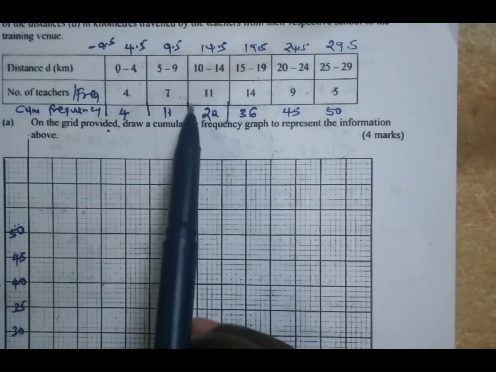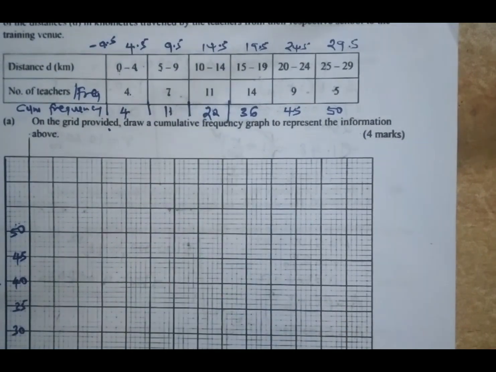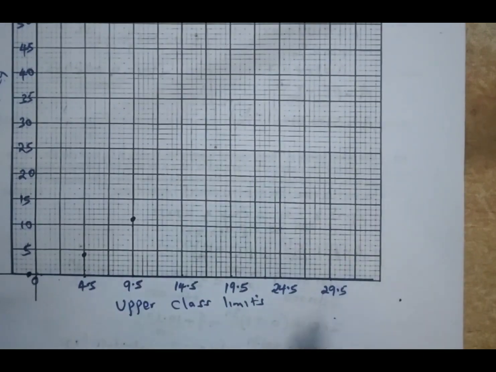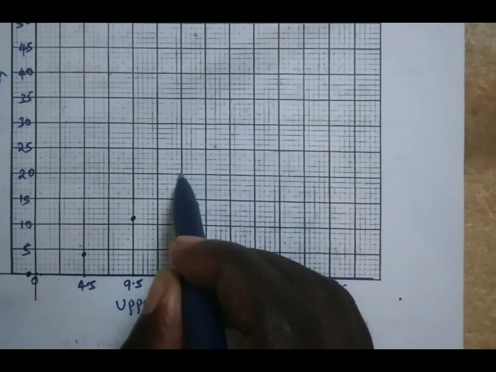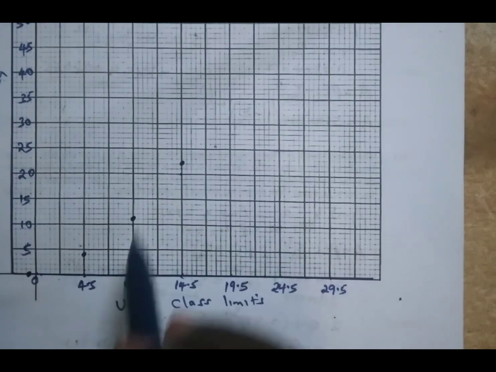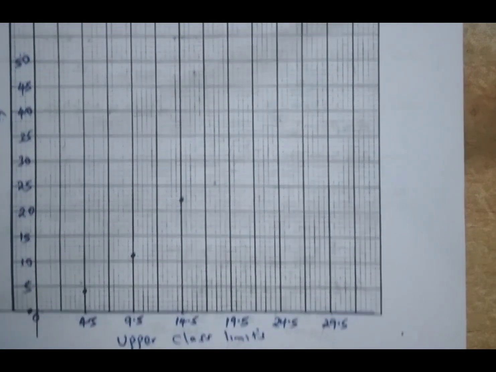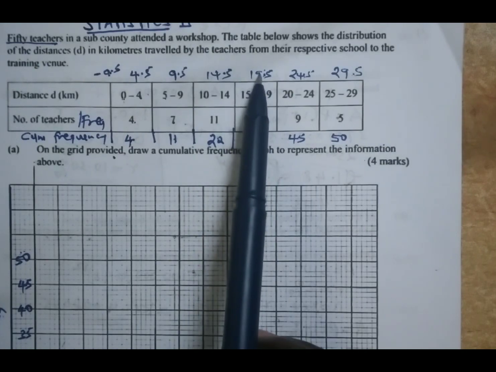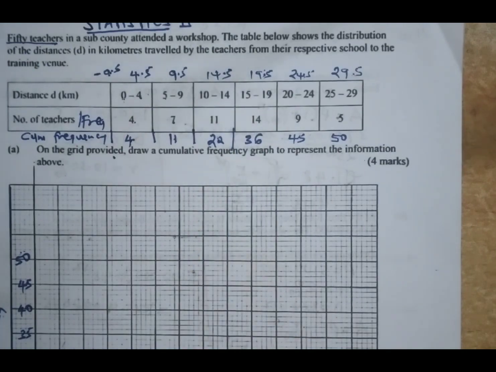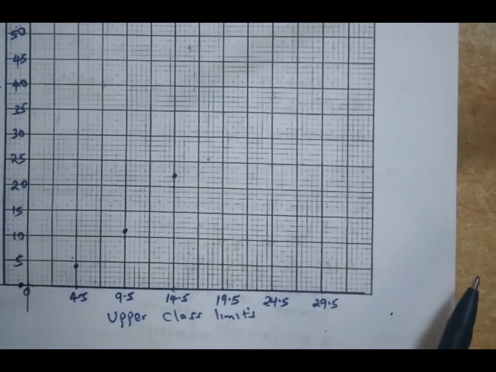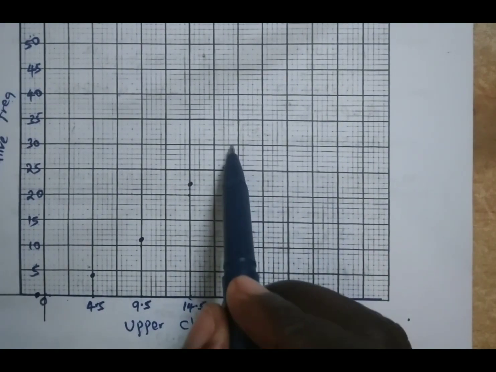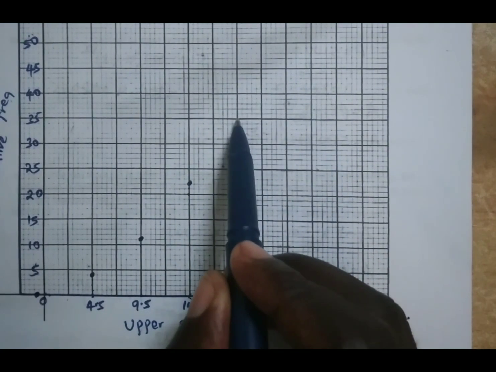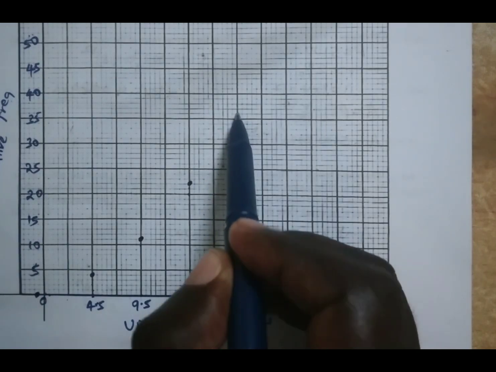At 14.5, we have 22. This is 20, 21, 22 here. And at 19.5, we have 36. This is 30, 35, 36 is here.